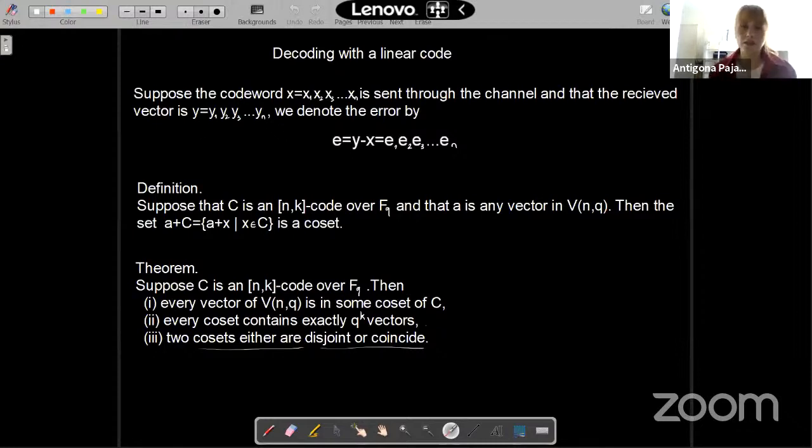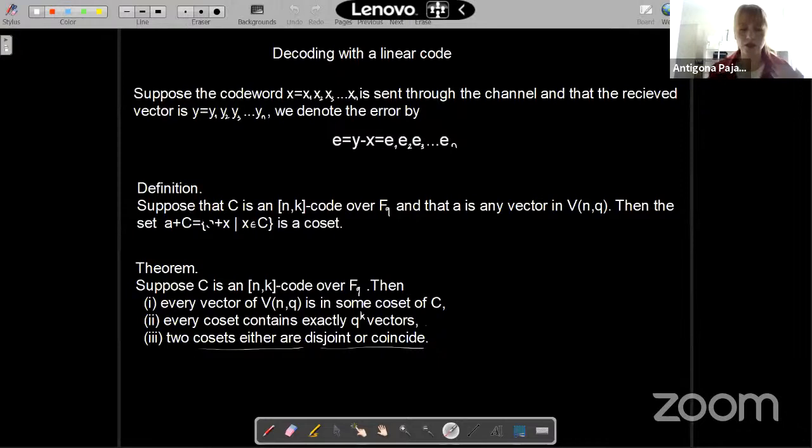As I said, if the channel is noisy, then the received vector might not be the same as the code word. So we represent the error by e, which is the difference between the received vector and the code word. We always want this to be minimal, because if it's too big, then we will not understand what message was sent.